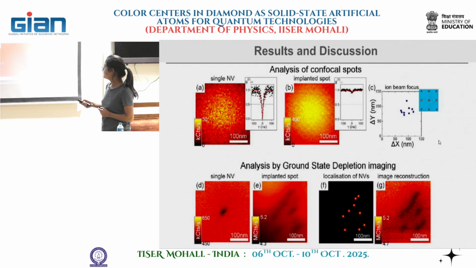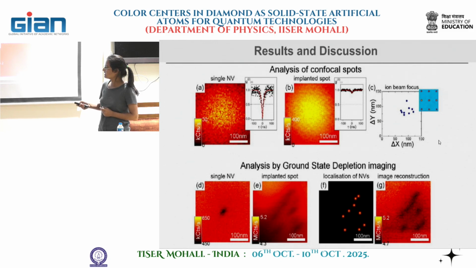Another analysis we did using ground state depletion imaging. In this kind of imaging, we are using 2 beams. One beam is used to excite the whole sample, and after excitation, the whole sample will glow. But then we are using another beam, with a vortex phase mask.